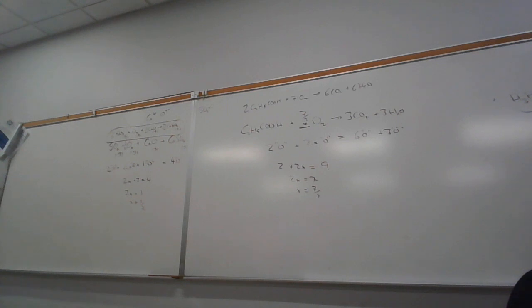So we're going to go on to writing chemical equations. But I'm going to organize it a little bit differently than the way the book does it. And so I'm going to deviate here.